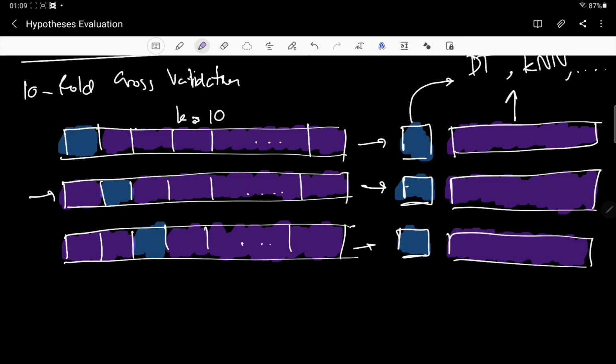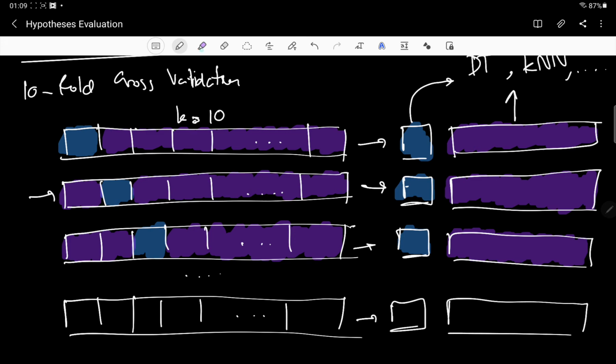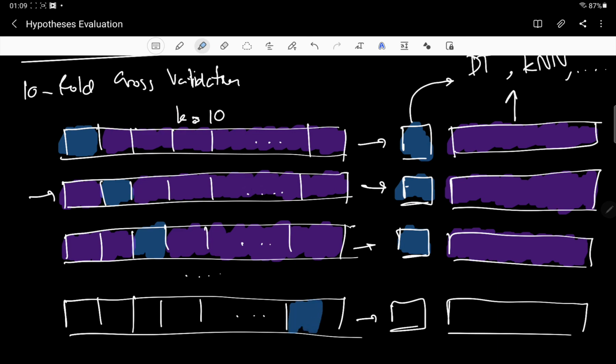If you use 10 folds, it means you have to do it 10 times. The last one, the 10th fold, will be used as the test, and the remaining will be the training set.